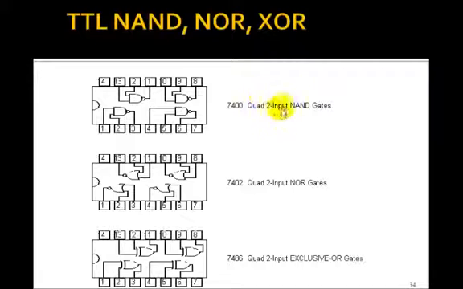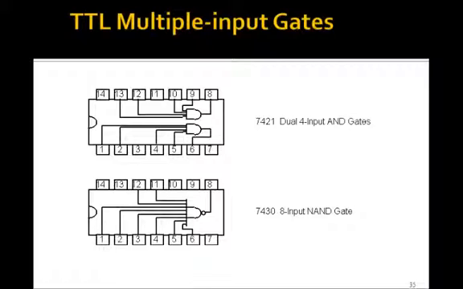The 7400 is a quad 2-input NAND gate, so these are 4 NAND gates. The 7402 is 4 NOR gates, and the 7486 is 4 exclusive OR gates. And there's all kinds of other ones.